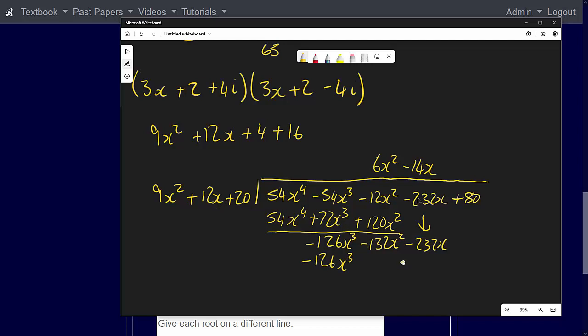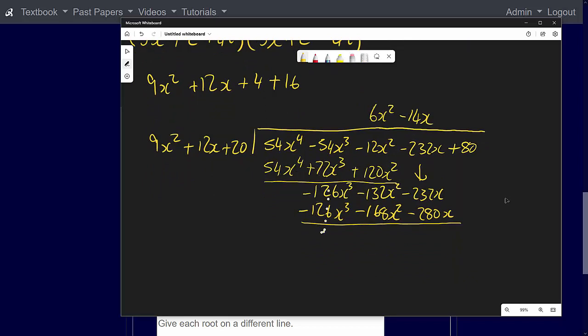12 times 14 is minus 168x squared. And then 14 times 20 is going to be minus 280x. Okay, so we'll subtract those. Let's just move those up a bit.